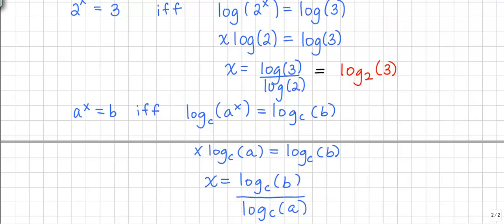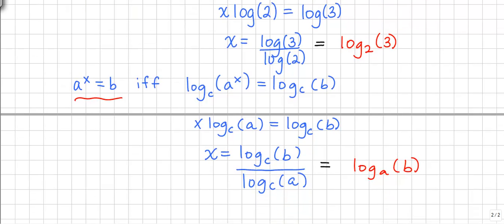And so we end up with the quotient log base c of b divided by log base c of a. But we know if we had gone directly from the definition of the logarithm from here, then x would be log base a of b. And so this is what we call a change of base formula.